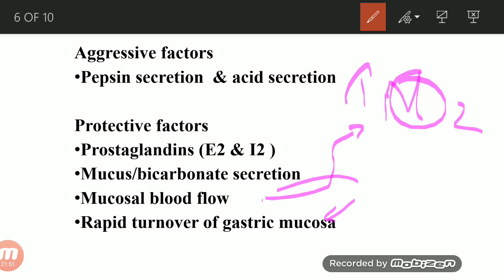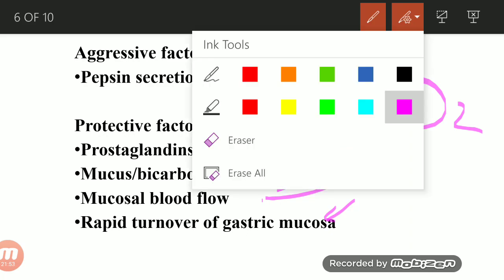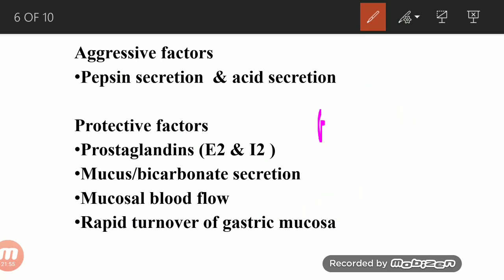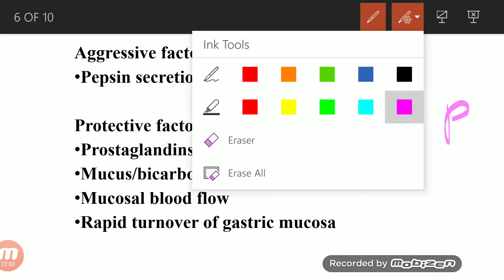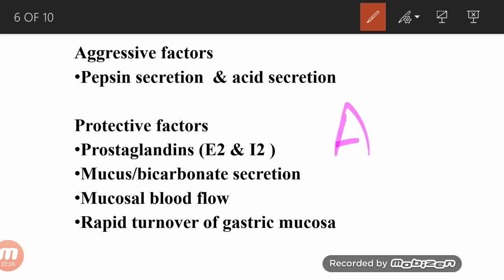Okay, so whenever there is an imbalance between your aggressive factor and your protective factor, that will lead to peptic ulcer. Generally, the aggressive factor is balanced by a protective factor. So whenever the protective factors of your GI tract are optimum, these aggressive factors cannot damage your mucosal layer.